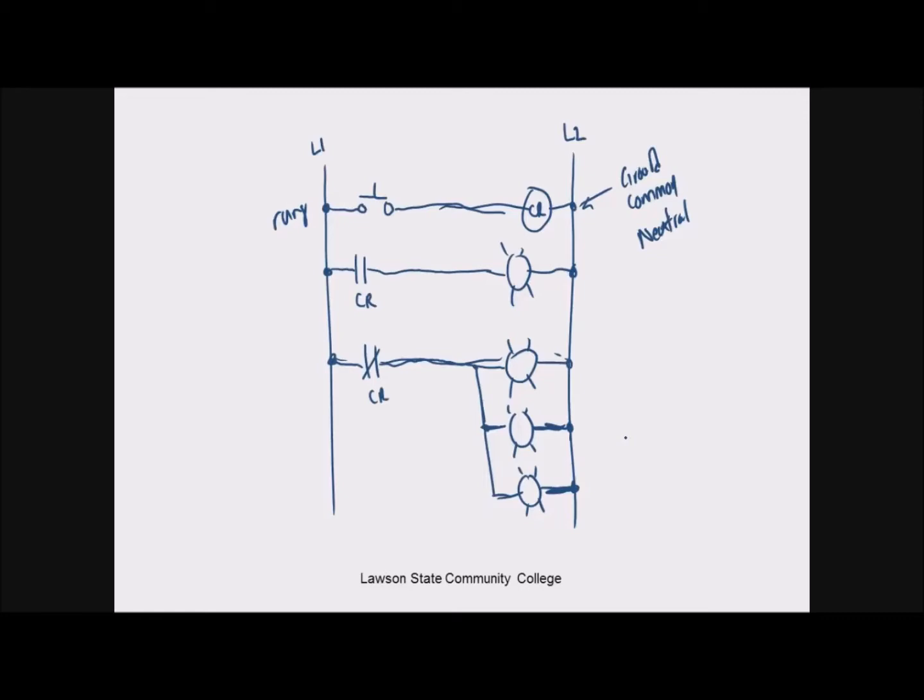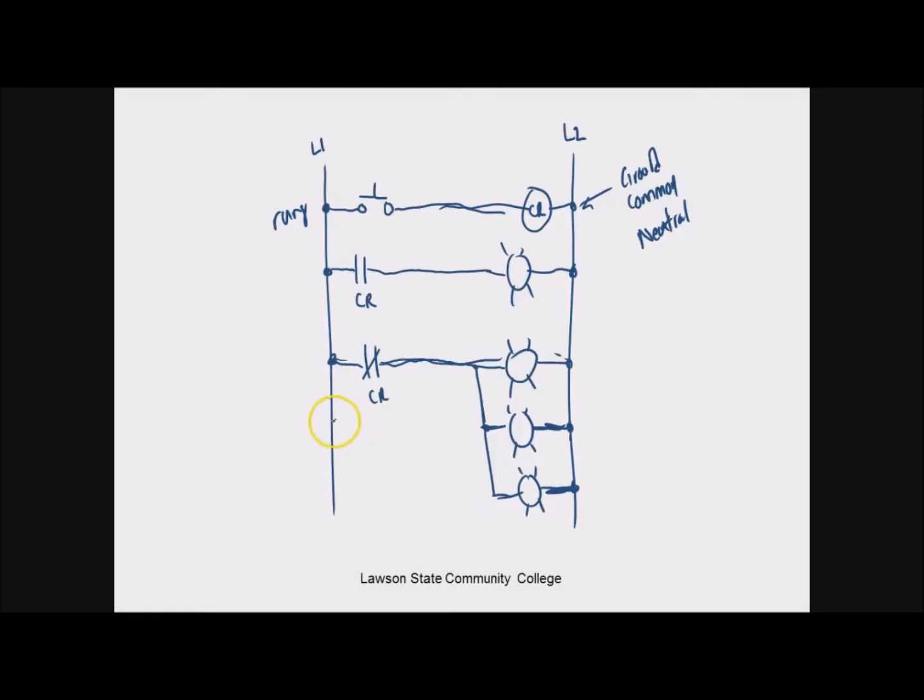And I can come in here, guys, and I can put all kinds of control devices. I can hook them in series, I can hook them in parallel, and that does not make it a series circuit. The way you hook control devices does not make it a series circuit, and it does not make it a parallel circuit. What makes it a series or a parallel circuit is how you connect the loads.